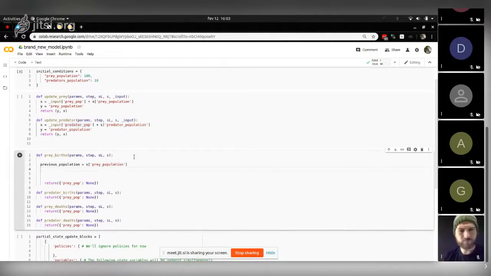And the newborn ones is 20% of this population. So we can pick the previous population and multiply by 0.2. And we can return prey population equals newborn ones.